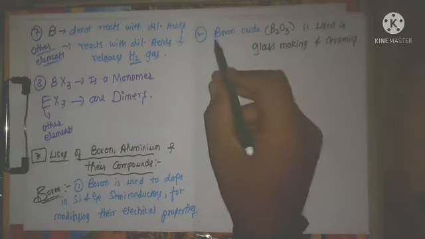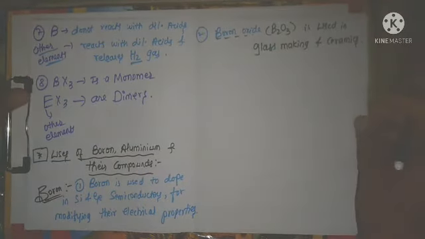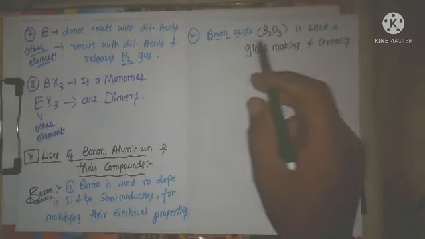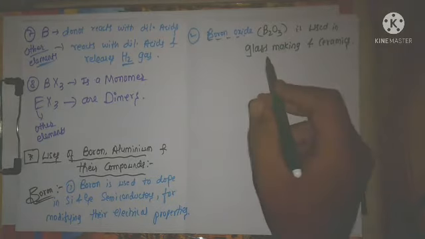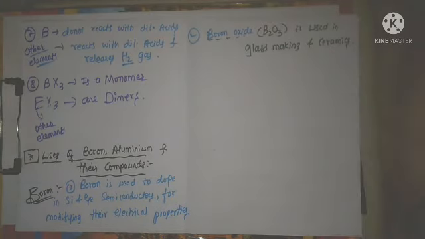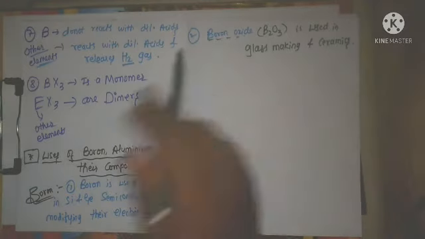Means boron oxide, that is B2O3, is used in glass making and ceramics. This is another use of boron, correct?